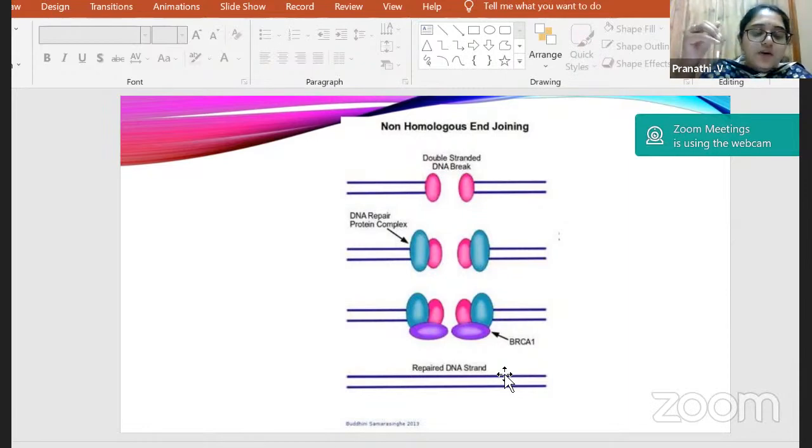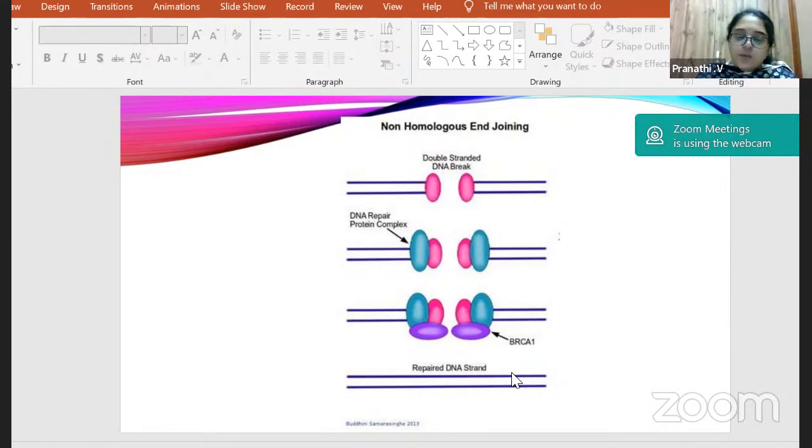DNA damage reversal, removal of that particular mutation, or tolerance to the mutation are the three types of repair mechanisms which are seen in the cell. So this is about DNA mutations and DNA repair mechanisms.